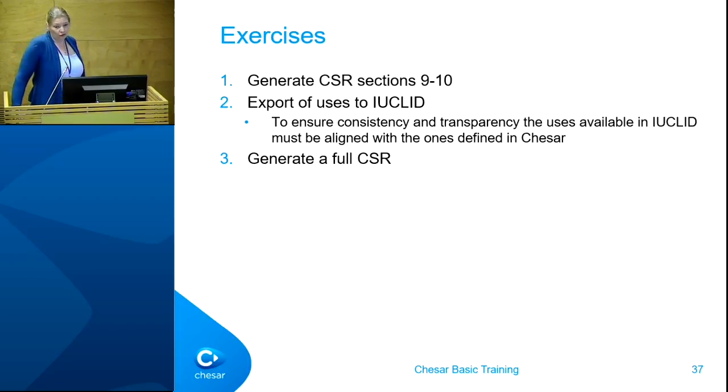And the first of those we will do now. So you have an exercise to generate the CSR sections 9 and 10. Then we have an exercise on exporting the uses to Euclid to make sure that everything is synchronized. And then after you have done that, you can generate the full CSR.